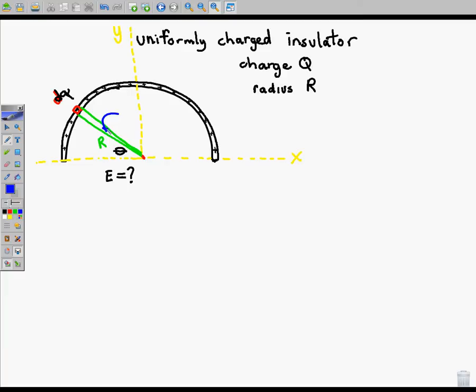It's going to be infinitely small, but nonetheless, that little piece of charge, dq, is going to correspond to a little d theta.